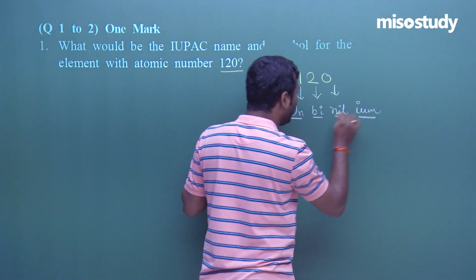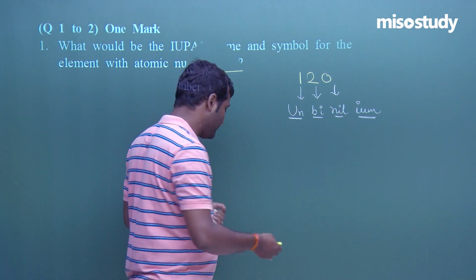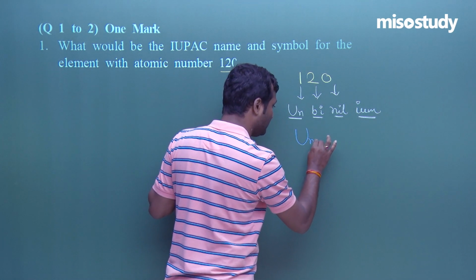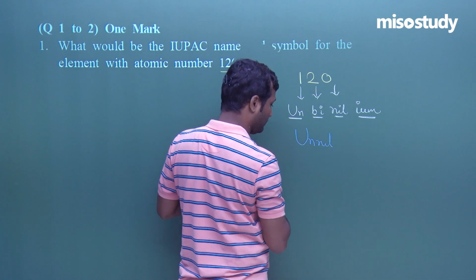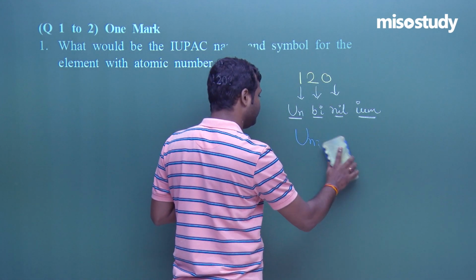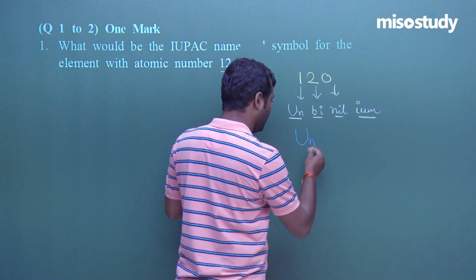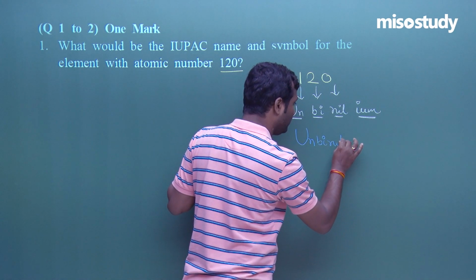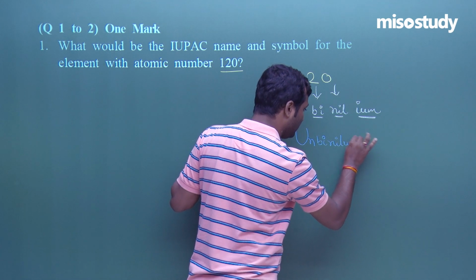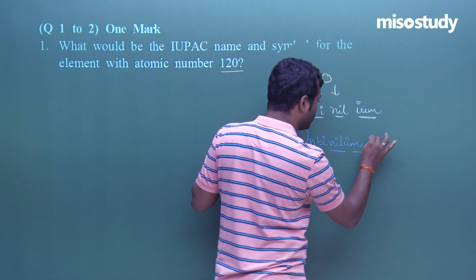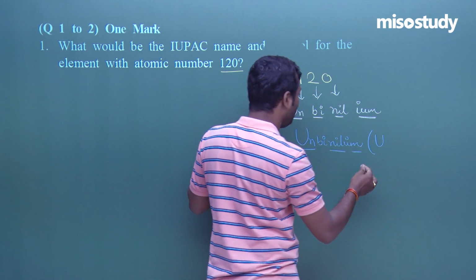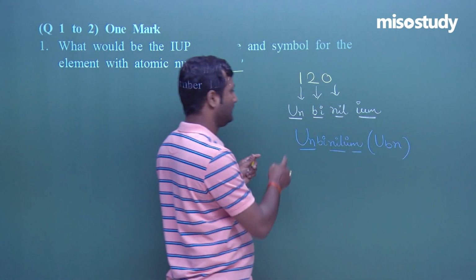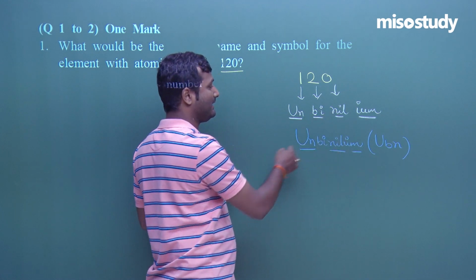So the name of this element is unbinilium. Unbinilium, that is the name, and the symbol is U, B and N. U, B and N, remember.